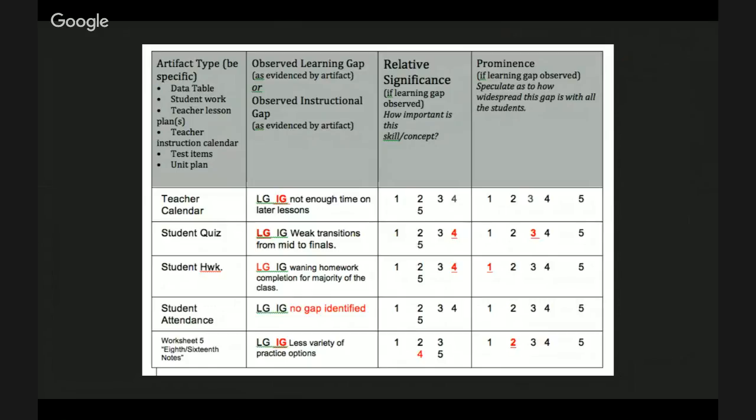The students weren't able to connect the information as well as we needed them to. So we said that the significance was pretty high, 4, because if we were able to attack that earlier on, maybe they would have done better on the final, and that the prominence was around 3 because it happened to some students but not to all students.